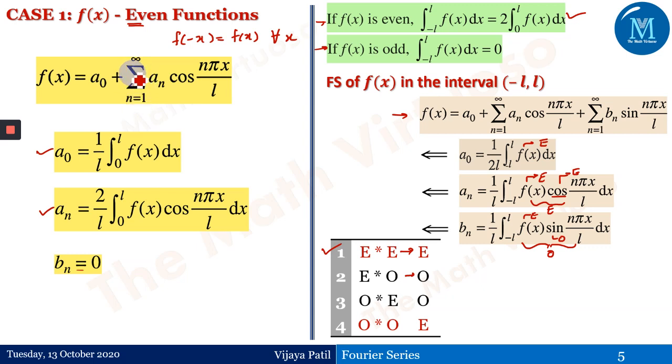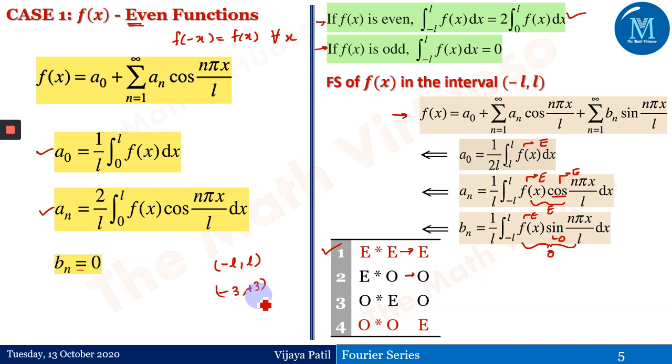No need to write the bn part, the sine terms, because bn becomes 0. This entire thing is happening when the interval is minus L to L, right? Suppose the interval is, say, minus 3 to 3, so plus 3. So what will happen?